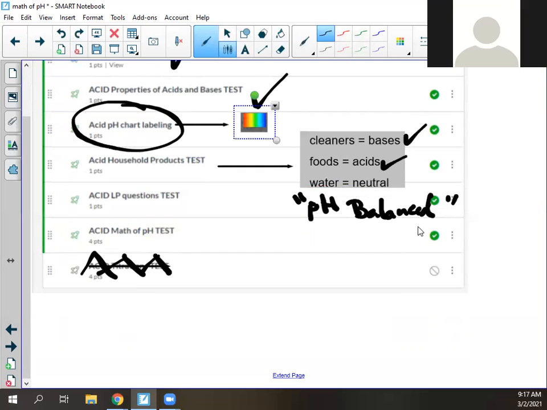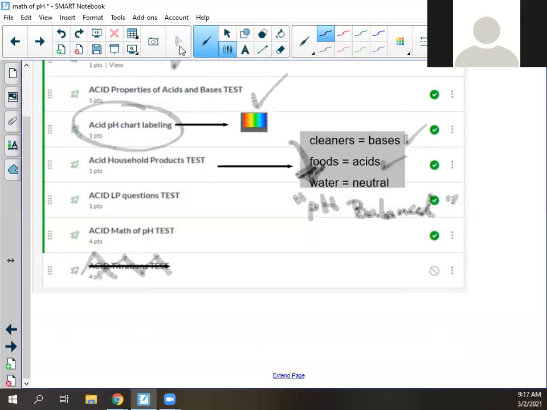We would also know it's a base because shampoo is slippery, but most shampoos, they pH balance it to make it neutral. The reason they make it neutral is so it doesn't burn your eyes as much. And shampoo still burns your eyes most of the time. But if it's pH balanced, it's way less harmful and hurts a lot less. So if it's water or pH balanced, then it is neutral.